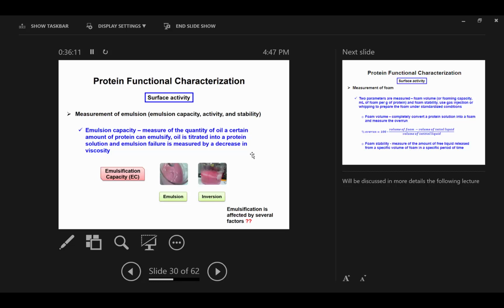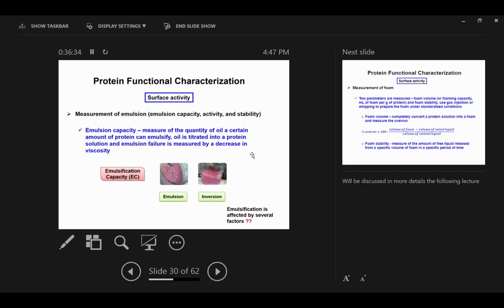So basically what you do is you titrate oil at a very specific and controlled speed, and then you have your protein mixture, and you have a shaft in there, or what do you call it, a homogenizer in there that continuously mixes your oil with the protein solution, and then you form an emulsion.